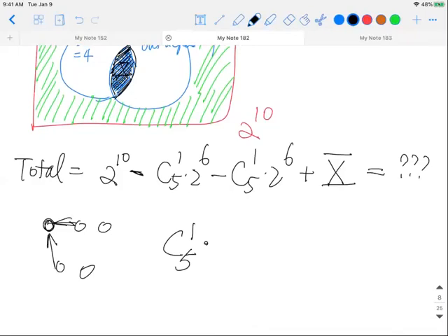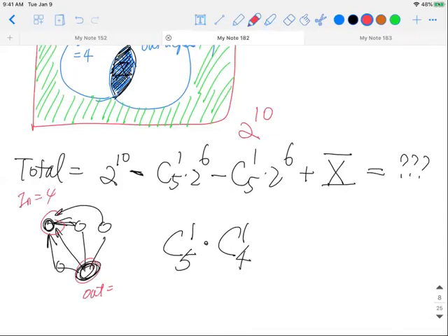Here, here, here, here. And then from the remaining 4 towns, you pick one town to be out degree 4. Let's say I took this one: 1, 2, 3, 4, right? So this is in equal to 4, and this is out equal to 4. How many towns are remaining?